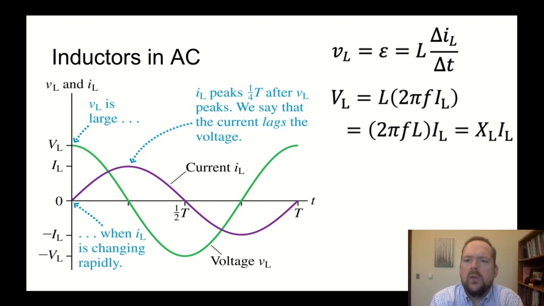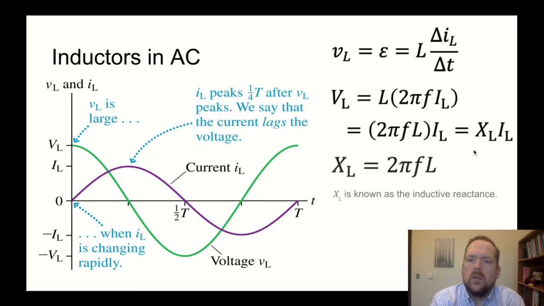And where we're going with this is writing this in similar fashion to what we did for capacitors, which is saying, hey, I can lump algebraically anything I want together. Let's put everything that's not I in the parentheses here, and let's call that some inductive reactance. Again, playing the role of resistance, but a dynamic resistance that changes depending on the characteristics of the AC circuit that my inductor is in.